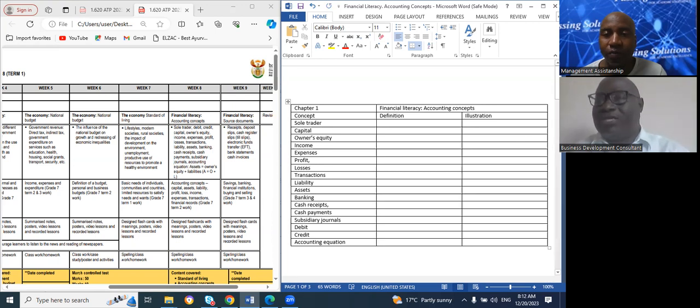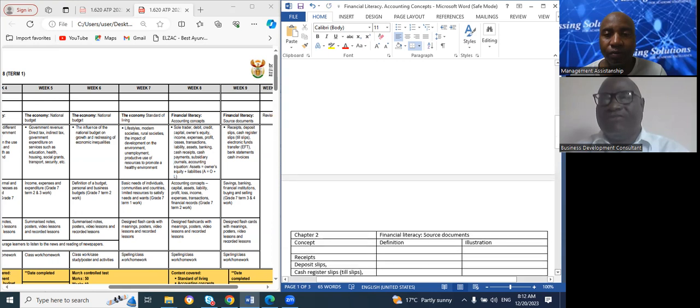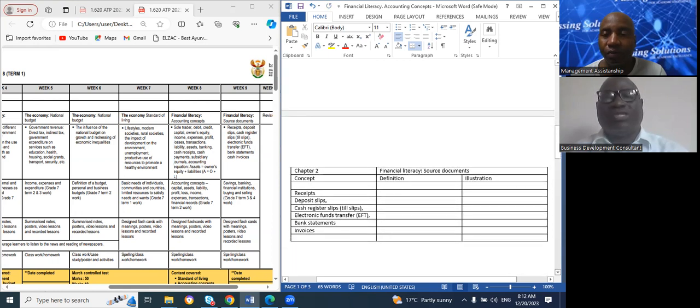And from the accounting concepts, we are going to focus on the source documents. The source documents are receipts. We need to understand what a receipt is. We need to understand also invoices. We need to understand deposit slips.